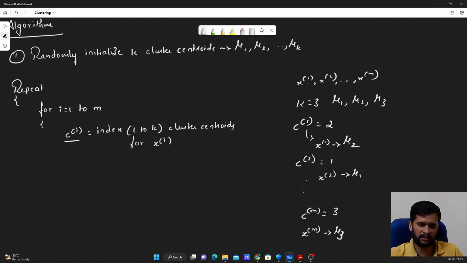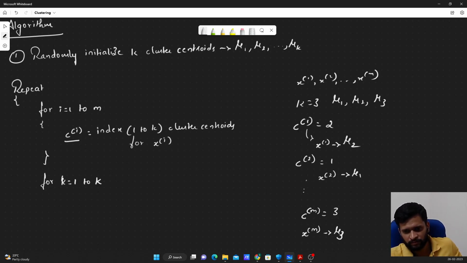Okay. So this is our cluster assignment step, right? Now we are done with the cluster assignment step, we have to move the cluster centroids. For that, we run a loop for k equal to 1 to capital K. Note, it's a small k. We are going from the first cluster centroid till the Kth cluster centroid. In this case, we have 3 cluster centroids, correct?